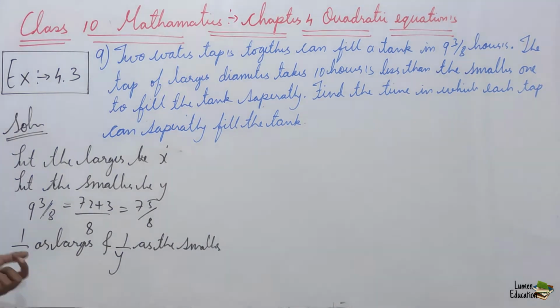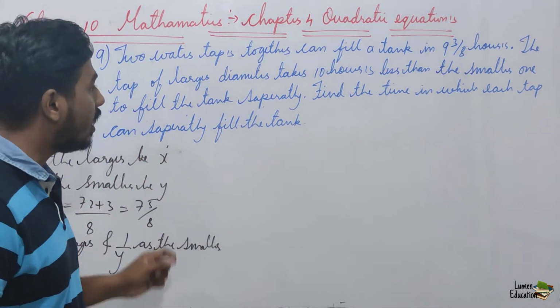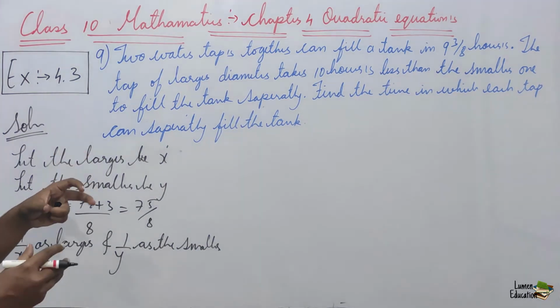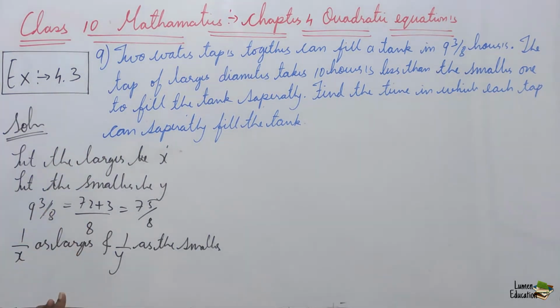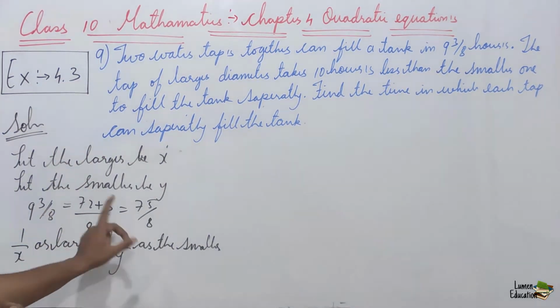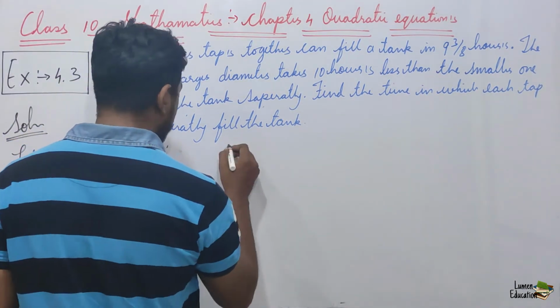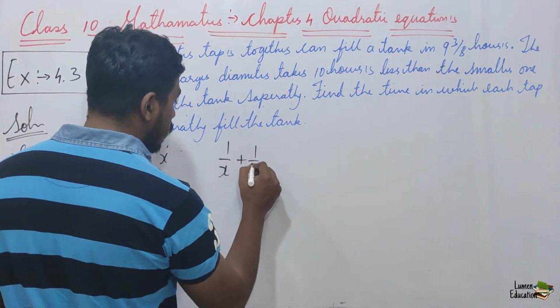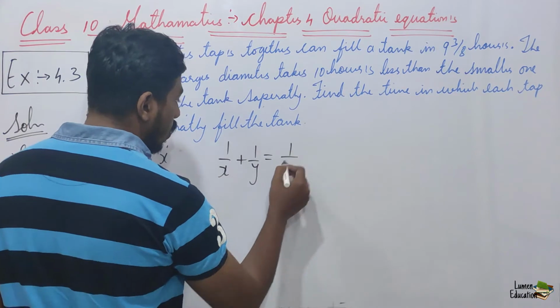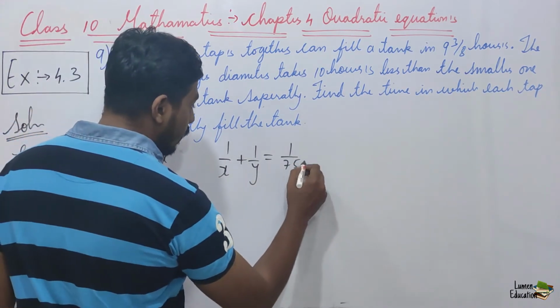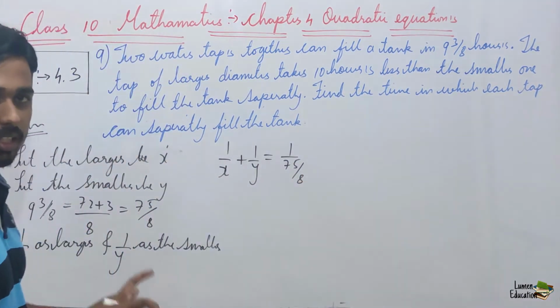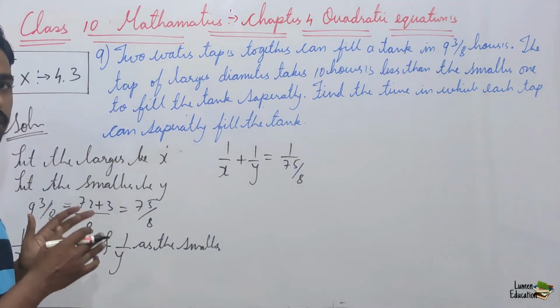The question says that when we add both the taps, the tank will fill in this much time. So 1 by X plus 1 by Y is equal to 1 divided by 75 by 8. This is the actual equation which you have to use.